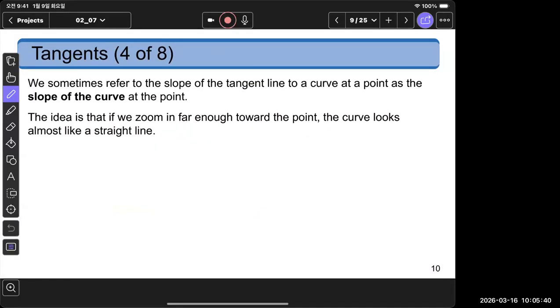So we sometimes refer to the slope of the tangent line to a curve at a point as the slope of the curve at the point. If I go back to the previous example, we were considering the graph of this parabola f of x defined by x squared.